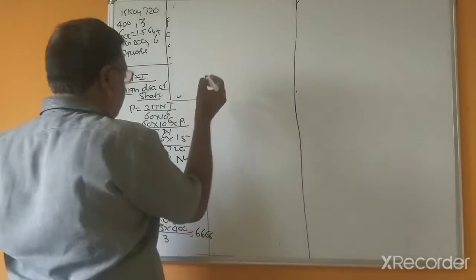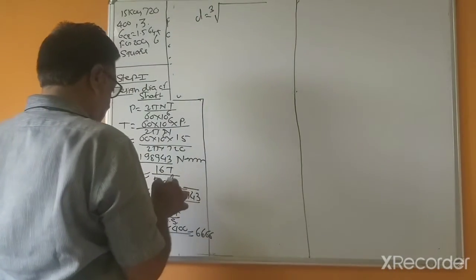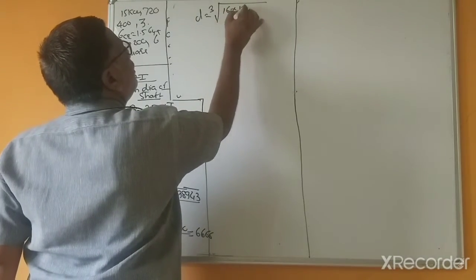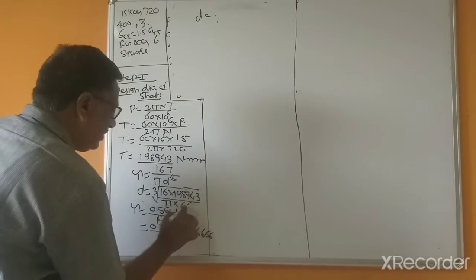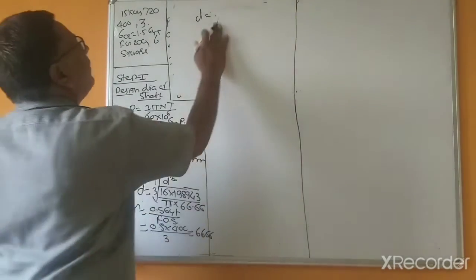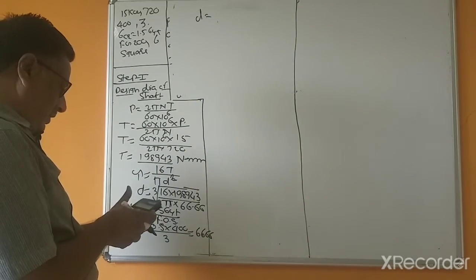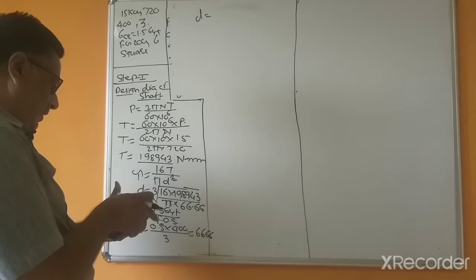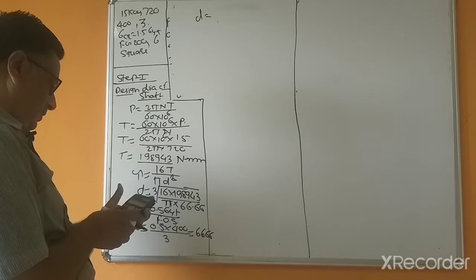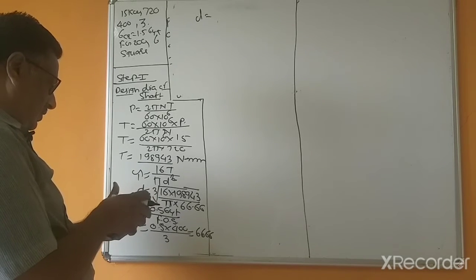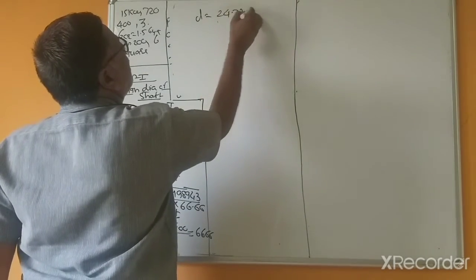Now put the value. d equals cube root of 16 multiplied by T divided by pi and divided by 66.66, and this is the cube root, d equals 24.77 approximately.